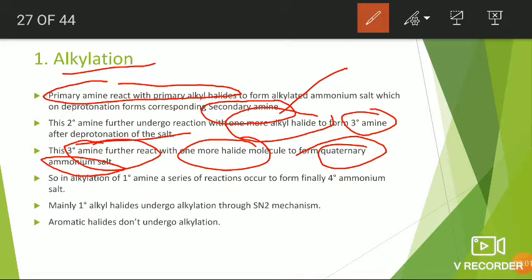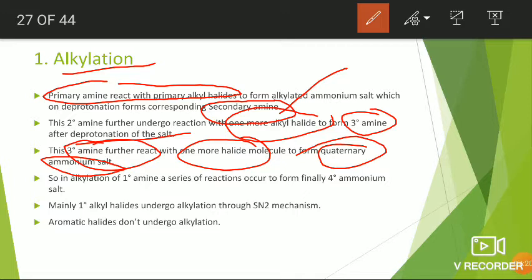Here alkyl halides are also of three types: primary, secondary, tertiary, where the halogen atom is attached to a primary, secondary or tertiary carbon of the corresponding alkyl halide.